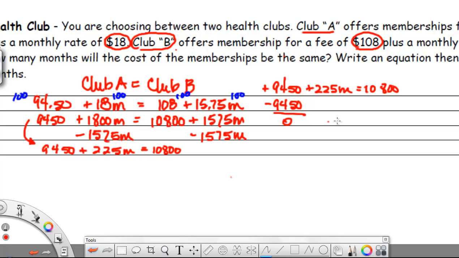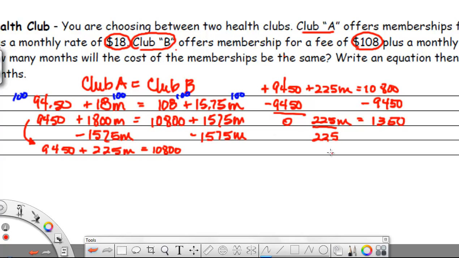So that one goes to 0, and then I subtract 9450. The 225 is just going to come forward. And 10,800 minus 9450 equals 1350. Alright, now for the final thing that I need to do is just simply divide by 225.